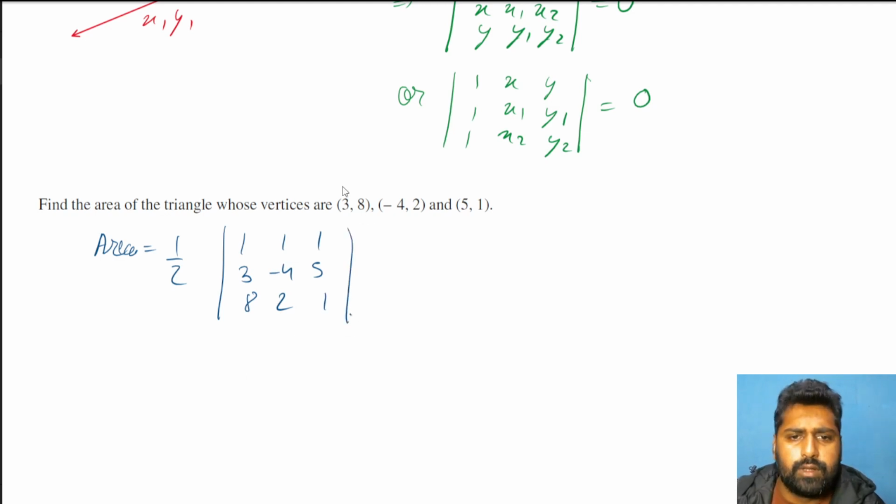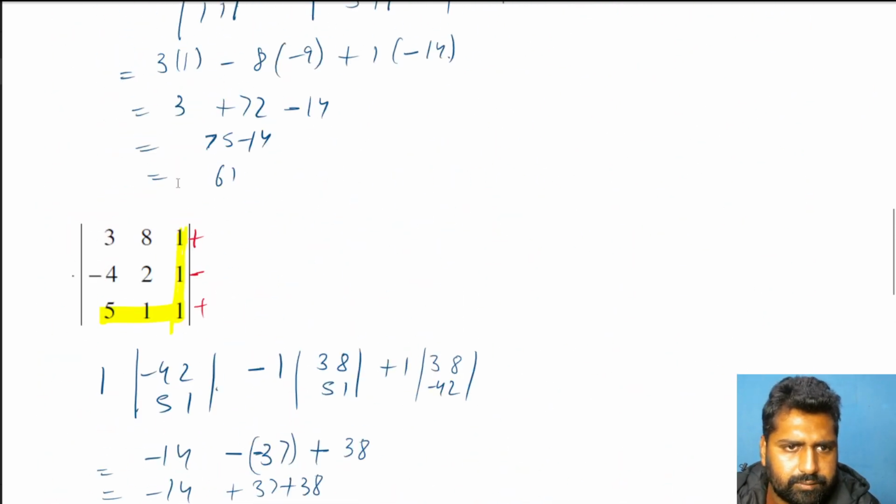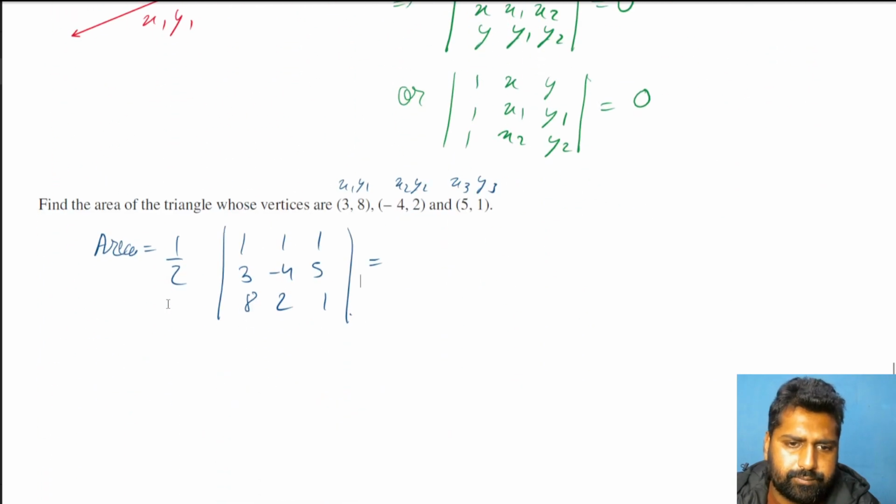That is x1, y1, x2, y2, x3, y3. Open the determinant. This is pretty much the same determinant that we almost opened here. The order is different again.